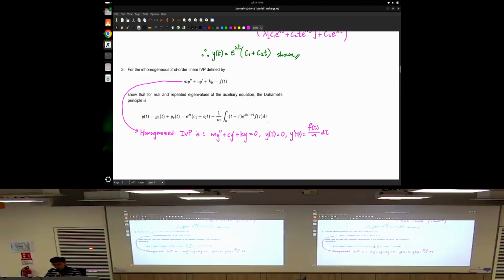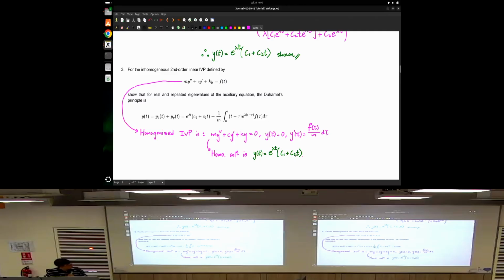Okay? So once you have this, now what is the solution? The solution is this guy, correct or not? So from here, because it's homogeneous, let me write, the homogeneous solution is this guy. So you just copy and paste. But then if it's this guy, then what you need to do is just find the C1 and C2.